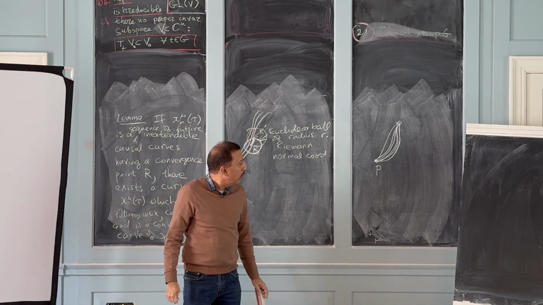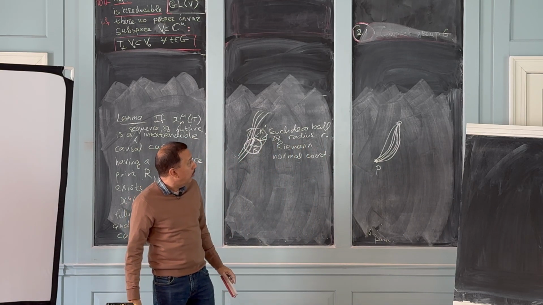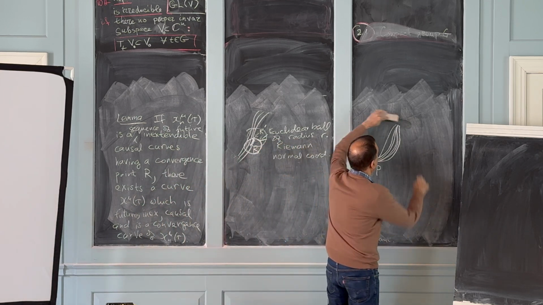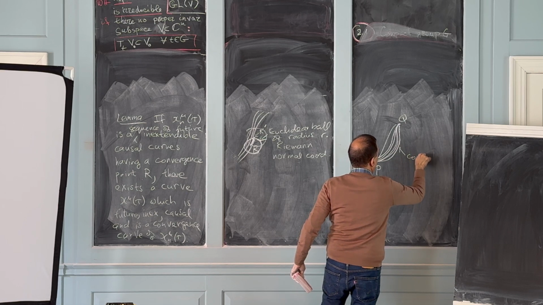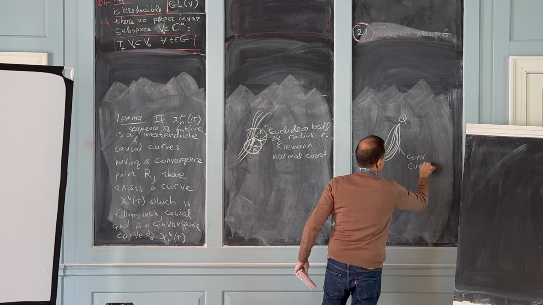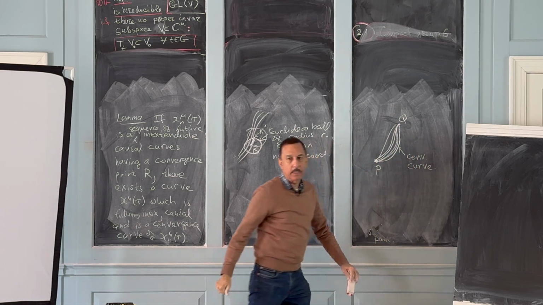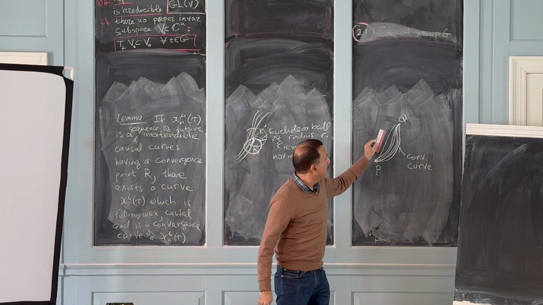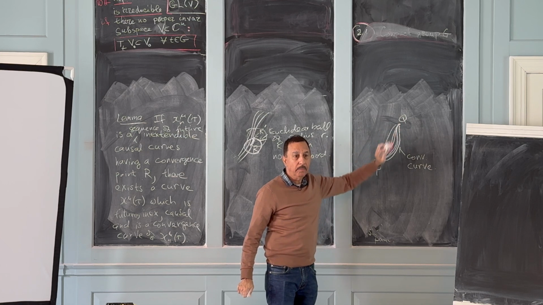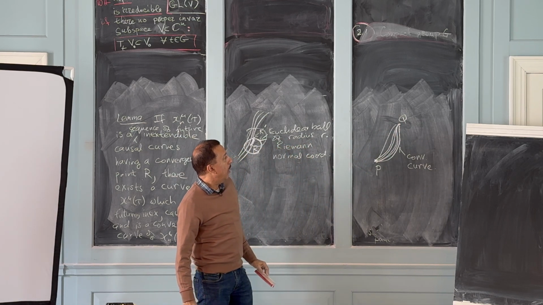So far so good. The problem now is what happens when I put back my point Q. So here's a convergence curve, and it approaches this missing point Q arbitrarily close, because it's a convergence curve of curves that all do the same thing. Now I put back Q.